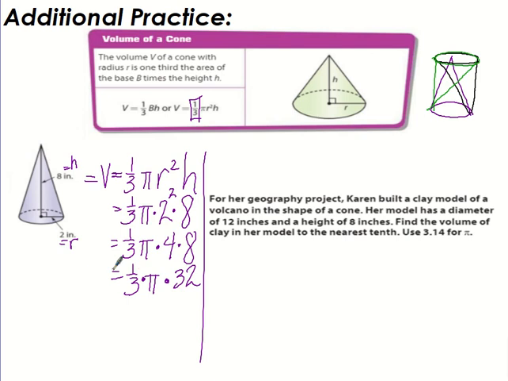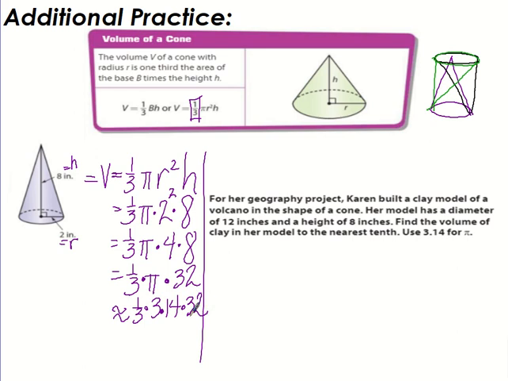We're going to want to do the 1/3 last, just because we have to estimate once we use pi, and so we tend to always use the 1/3 last so that we can round it to a better decimal. Okay, because if we try to divide by 3 first, and we have things that don't divide by 3, we're going to get a repeating decimal, and how do I times that by pi?